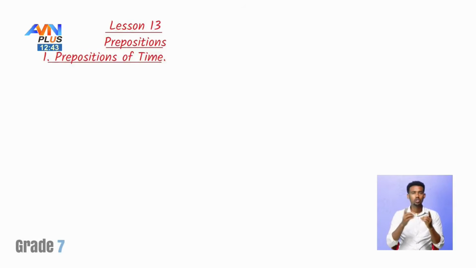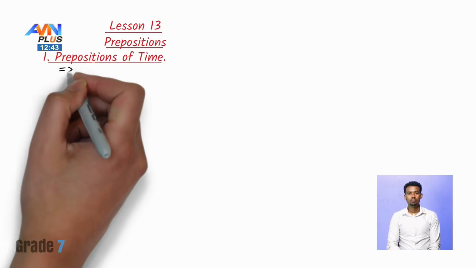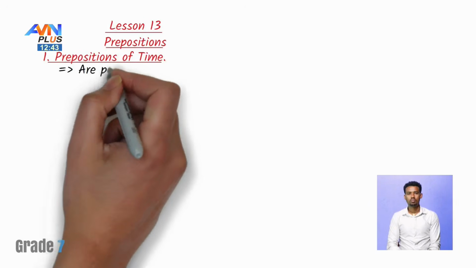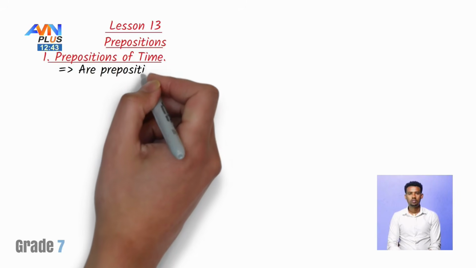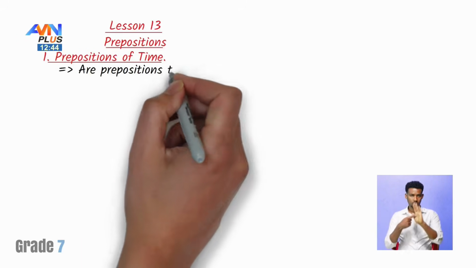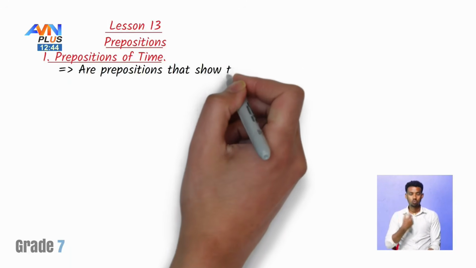Prepositions of time are prepositions that show time, or that we use to show time.